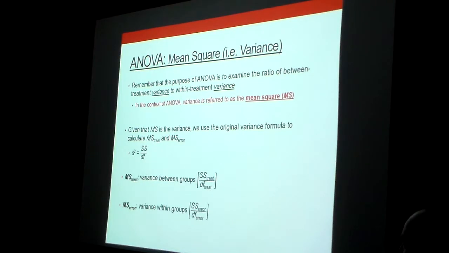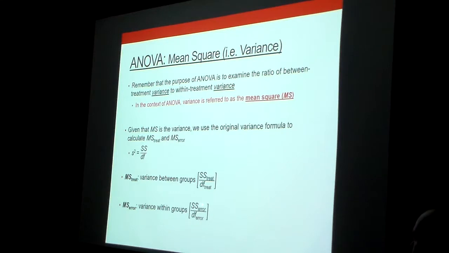Because our mean square is just a variance estimate, all we have to do is use the original variance formula to get from our sums of squares to our mean squared. So remember that our variance is our sum of squares over degrees of freedom, right? And so nothing new or different is going on in ANOVA. We just take our sum of squares treatment over degrees of freedom for our treatment, which is going to give us our mean squared for our treatment.